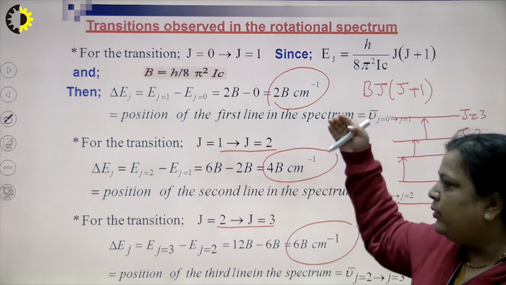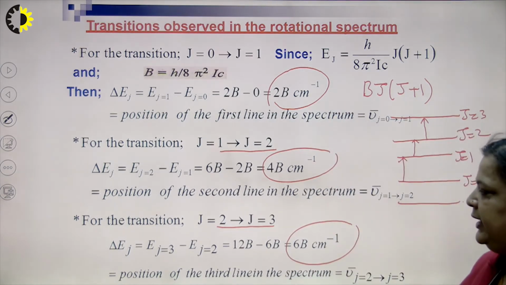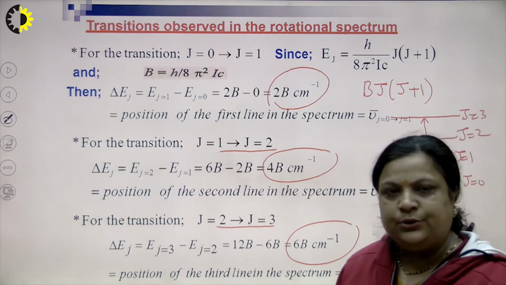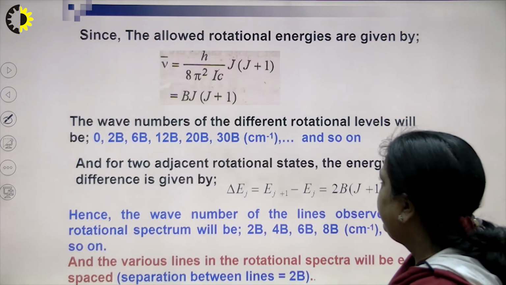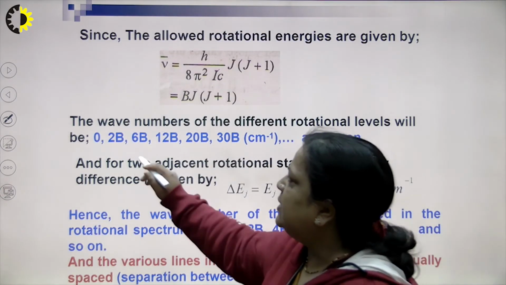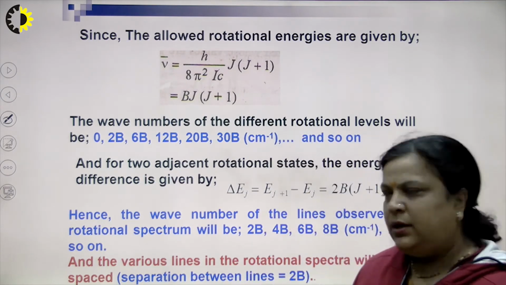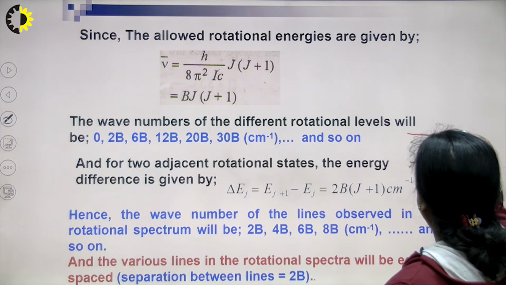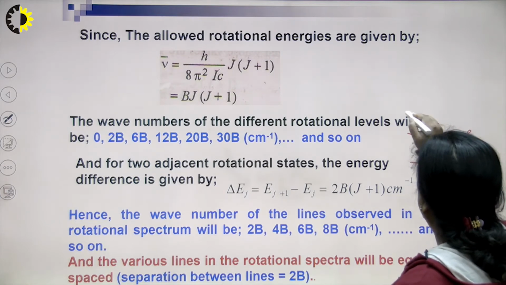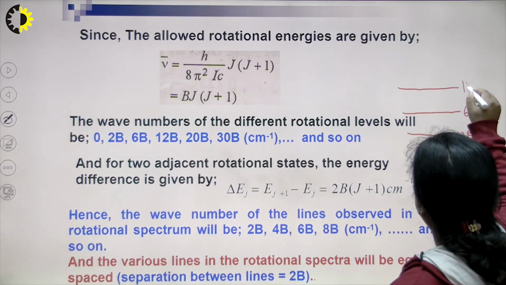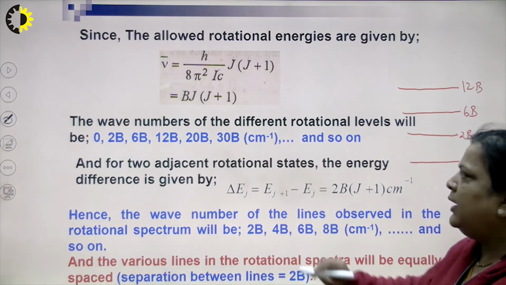So here we calculated for J equal to 0 to 1, 1 to 2 and 2 to 3. So at the 0 level the energy is 0, at the first level it is 2B, at the second level it is 6B, at the third level it is 12B, and so on.